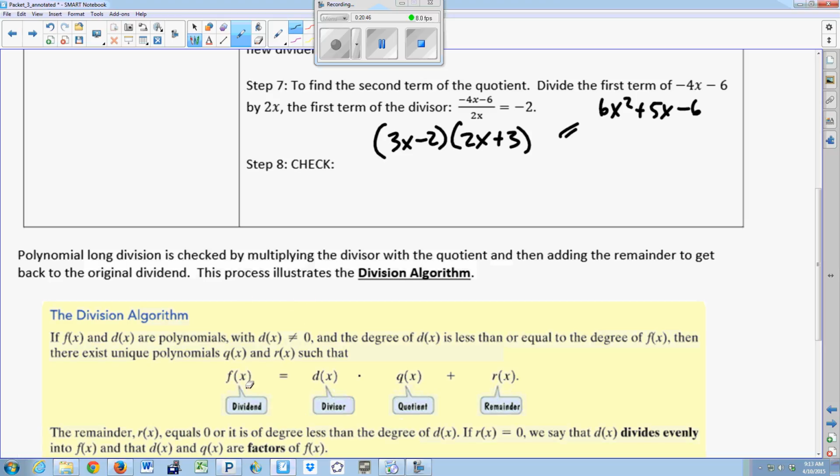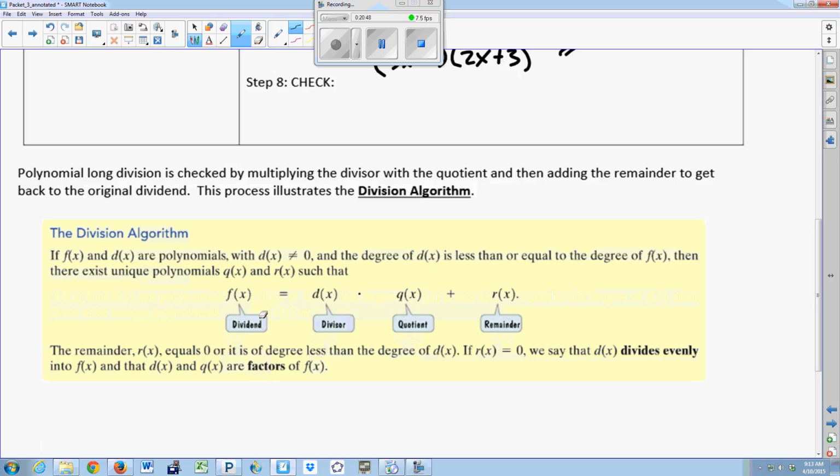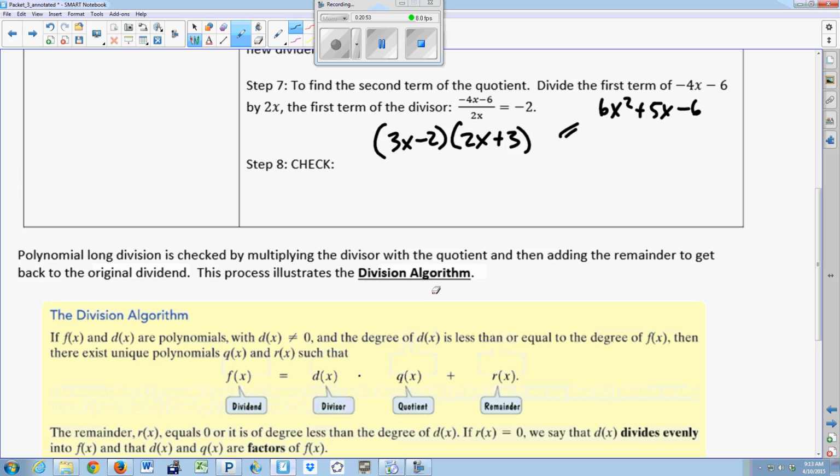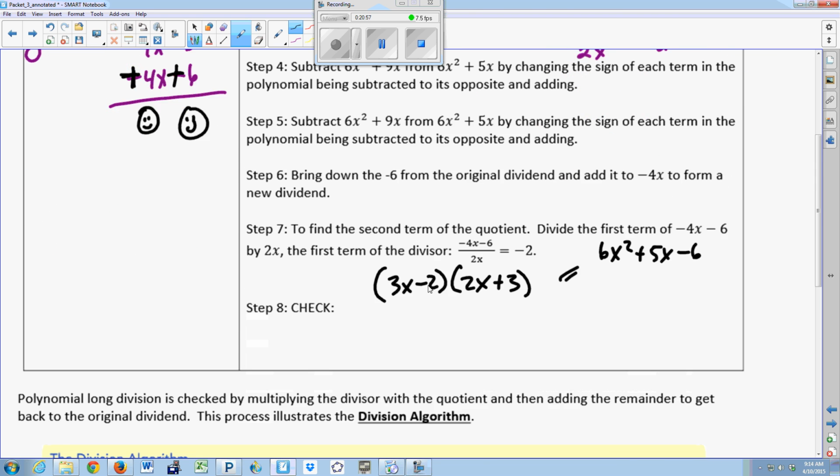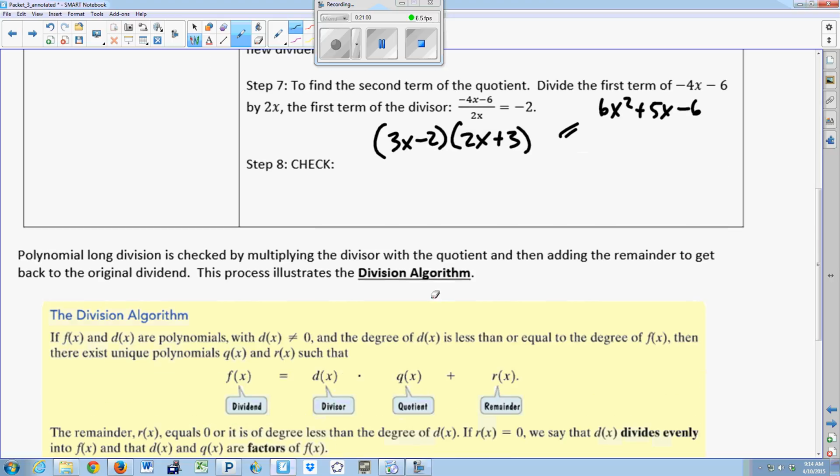Here's our dividend. We have a divisor times our quotient. So in our case, our dividend was 6x squared plus 5x minus 6. And that was equal to, what was our divisor again? 2x plus 3, times 3x minus 2 plus our remainder.